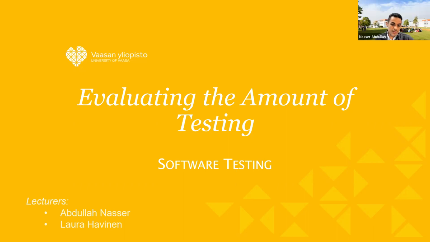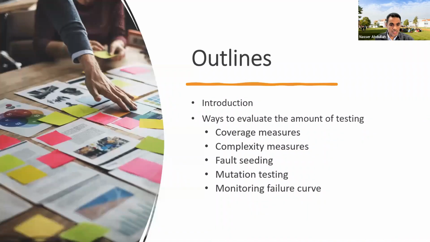So here are the outlines: an introduction, which is a question. Now I will give you another question, and then we will see some ways to evaluate the amount of testing. As you mentioned, exactly, the coverage, the complexity, also fault seeding, mutation testing, and monitoring the fault curve.